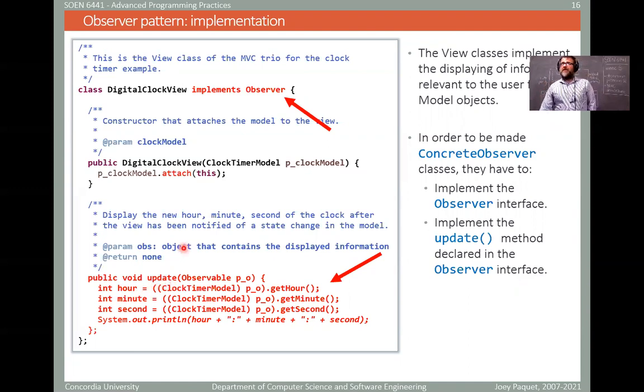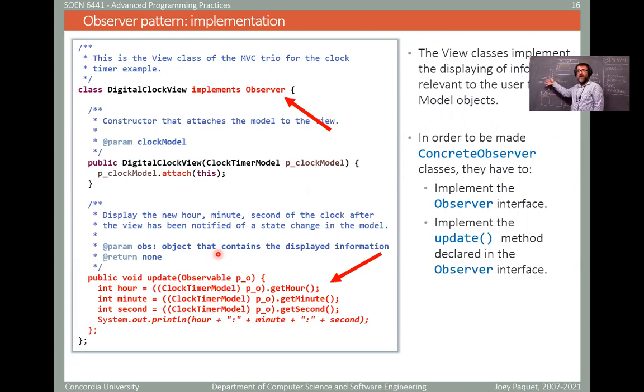Well, inside of the digital clock view, first of all, the update method actually receives an object as a parameter. Okay, so very frequently, not necessarily, but most frequently, the update method is being passed this object itself or a reference of this object.